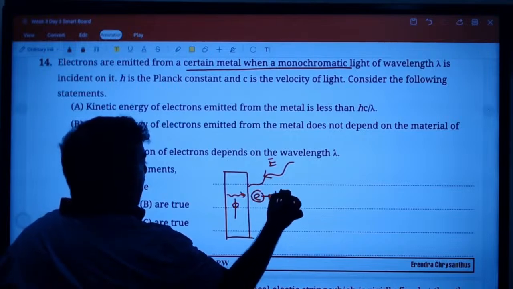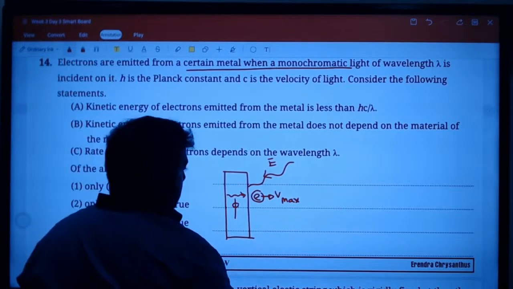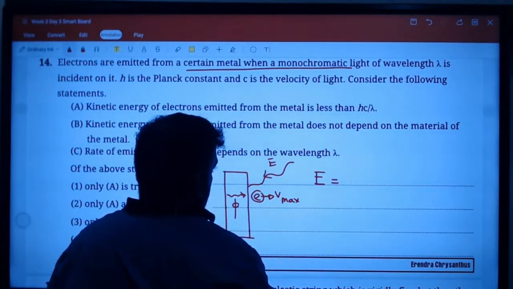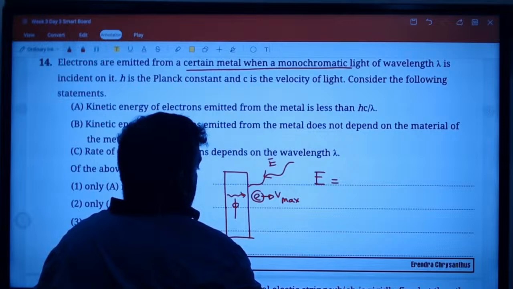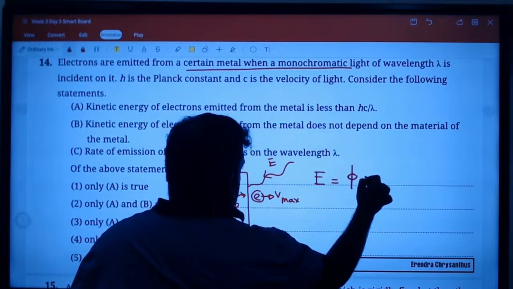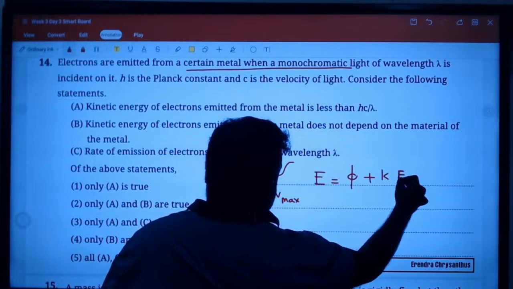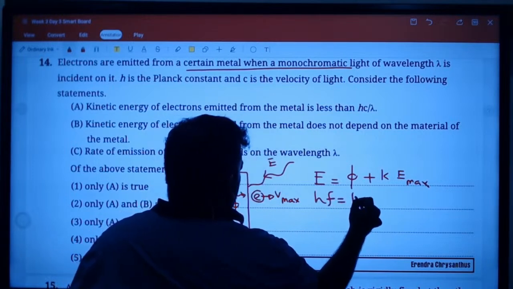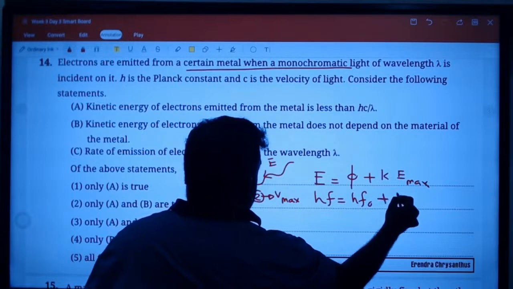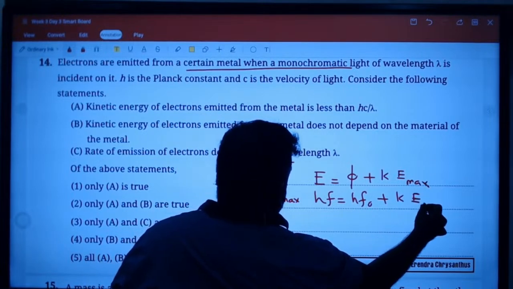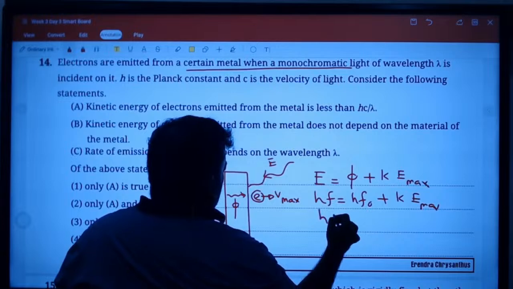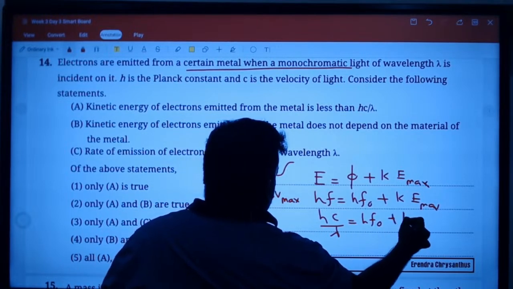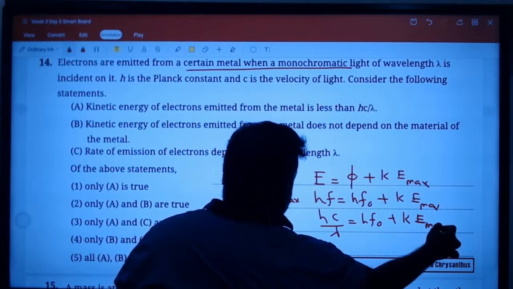The electron emitted will have a maximum kinetic energy. So E, the incident energy, is equal to work function plus KE max. So hf over hf naught, threshold frequency, KE max. f is equal to c over lambda.